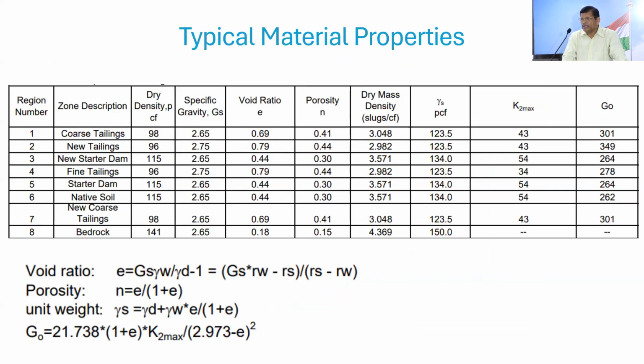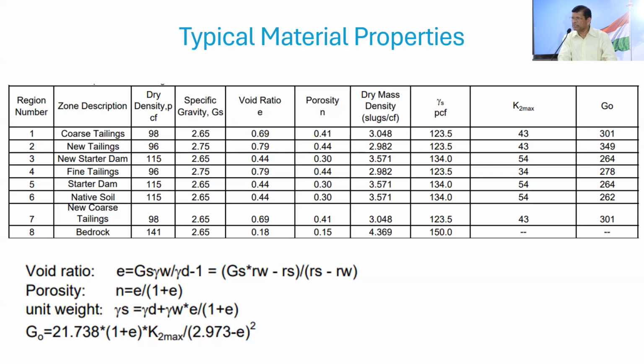Again, same as in the static case, we also consider the material parameters which are important. Here also these are the key parameters, and mostly this is the modulus G value. Those are again determined during the site characterization.